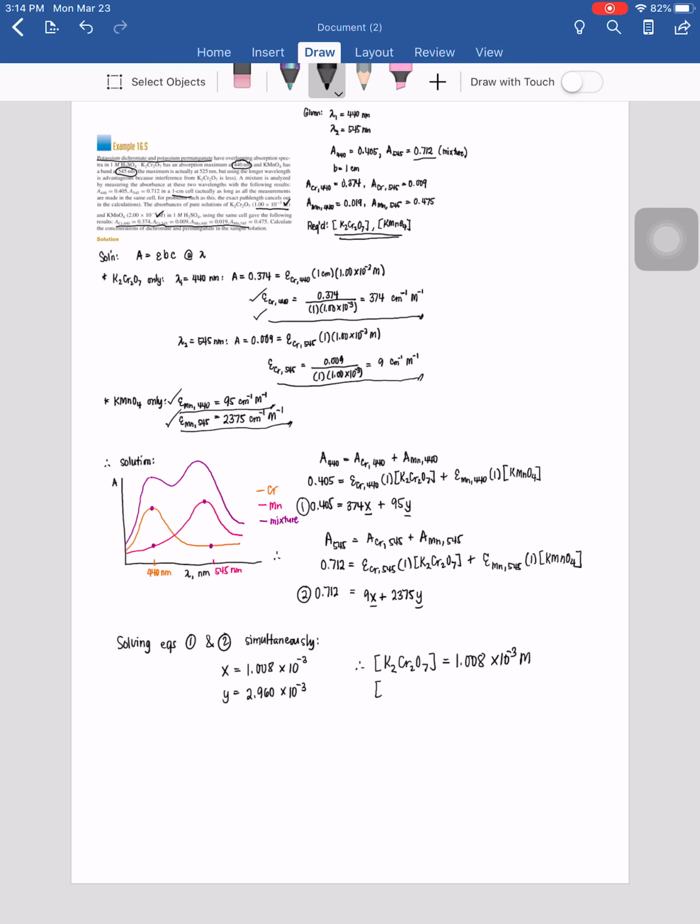And for my potassium permanganate, its concentration is given by Y, that's 2.96 times 10 to the negative 3 molar. And that's how we solve our example 16.5.